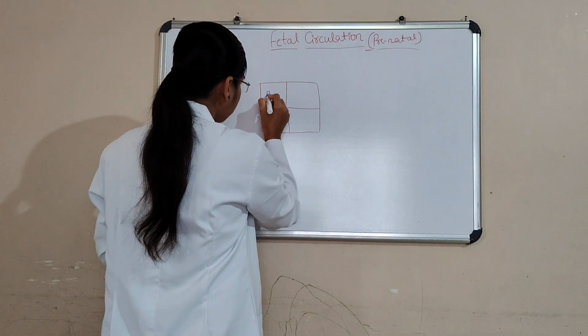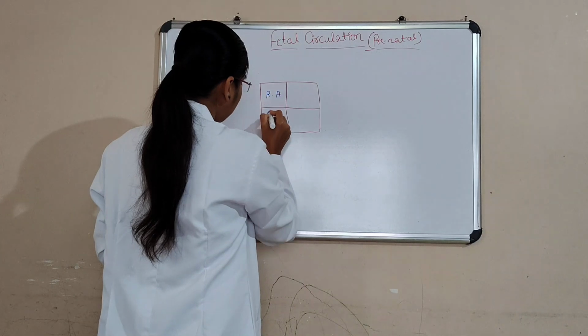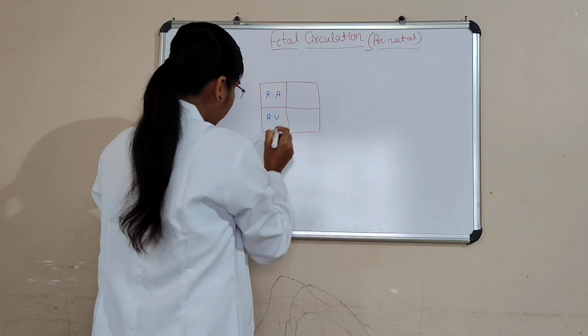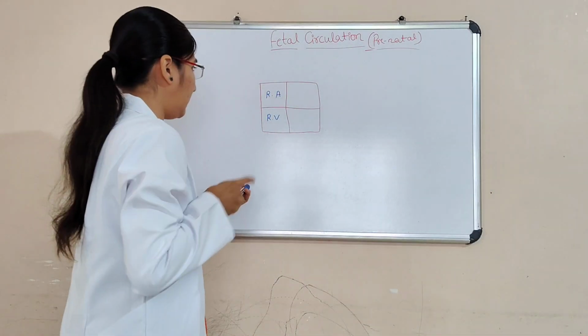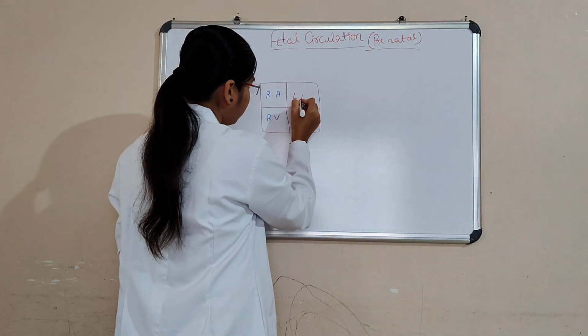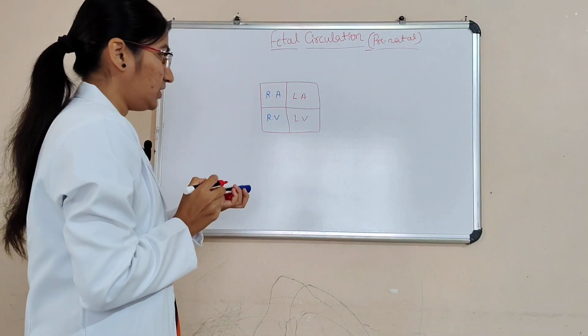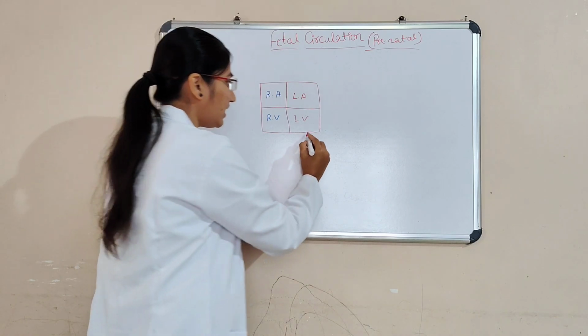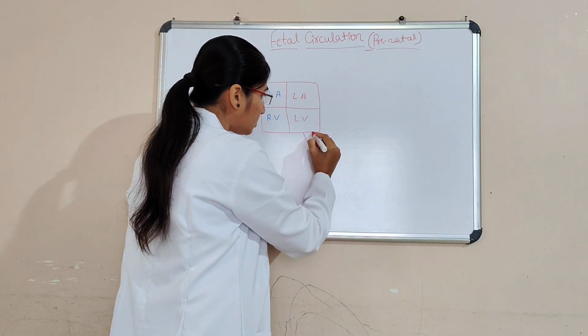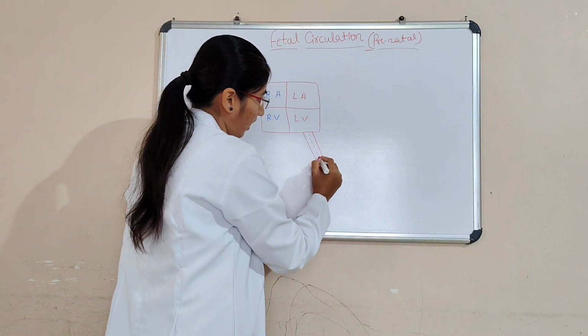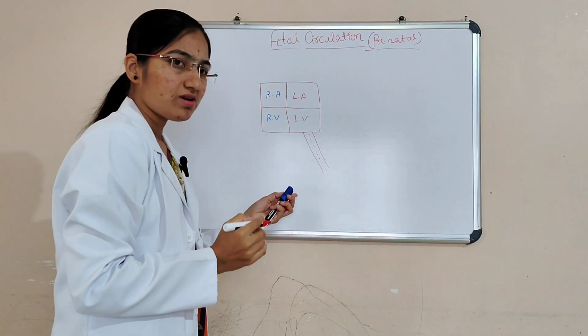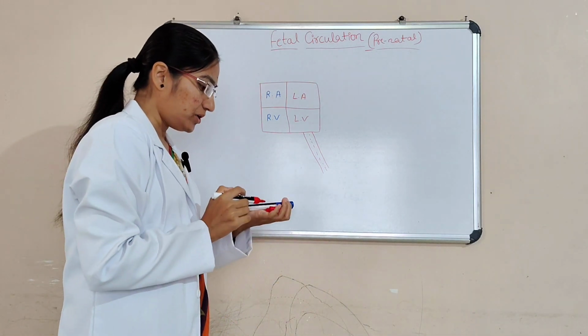This one is the right atrium, this one is the right ventricle, this one is the left atrium, and this one is the left ventricle. From the left ventricle, pure blood is going to supply through the aorta.